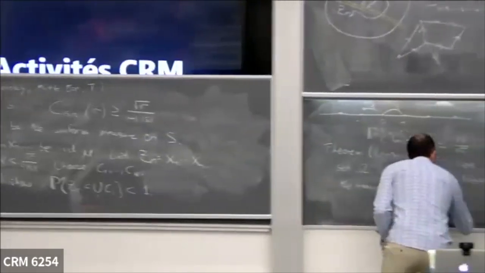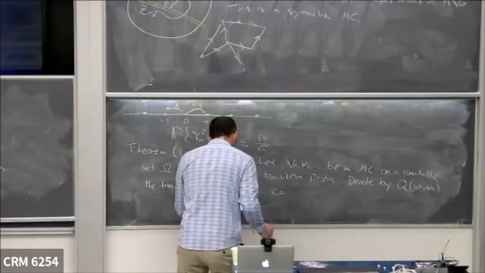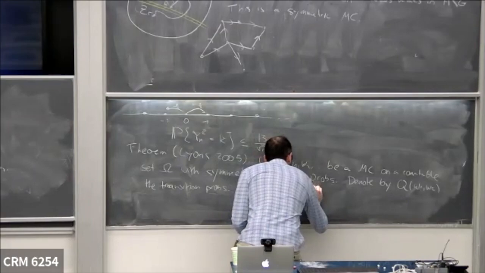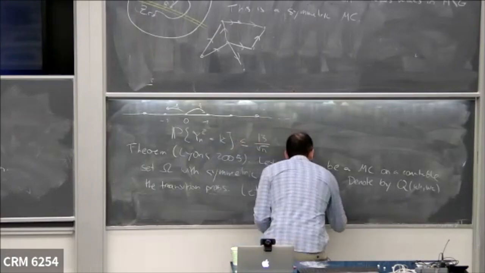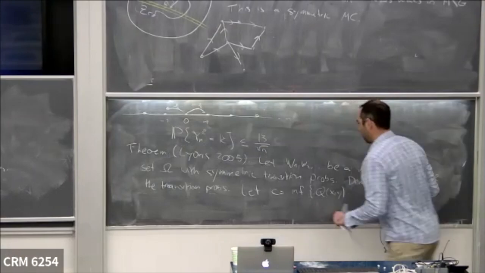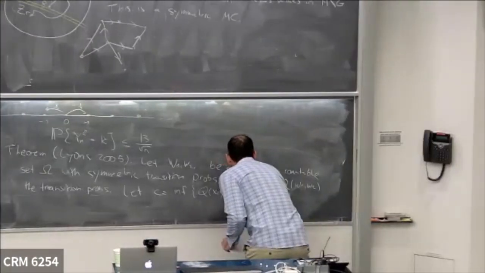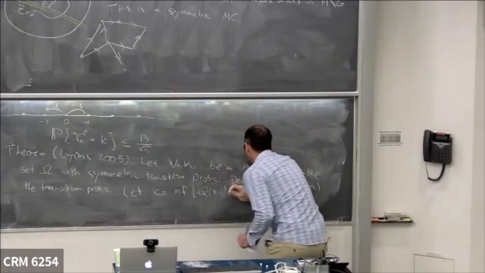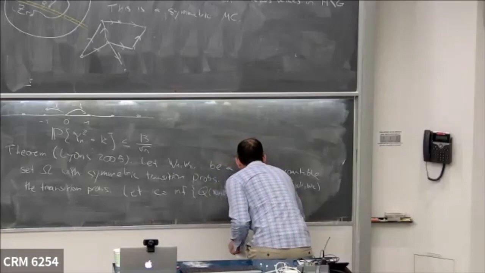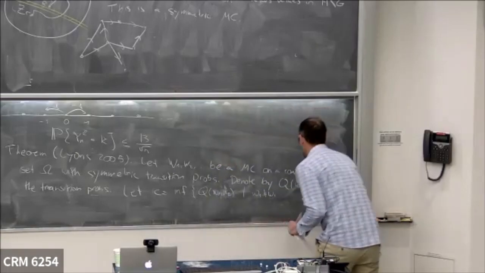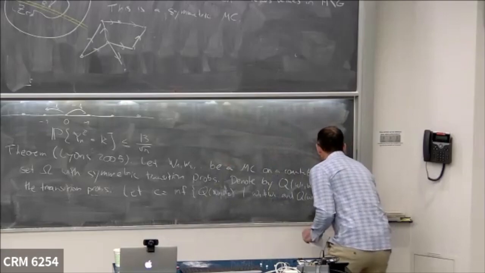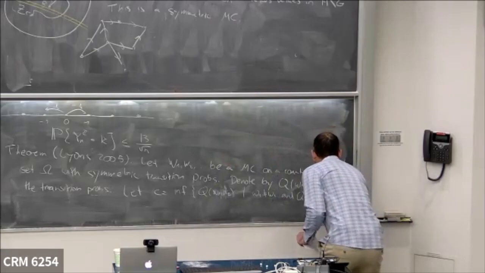I'm going to let C, and I want to get this right, be the infimum over all these transition probabilities Q of omega 1, omega 2, where omega 1 is different from omega 2, and Q of omega 1, omega 2 is not 0.